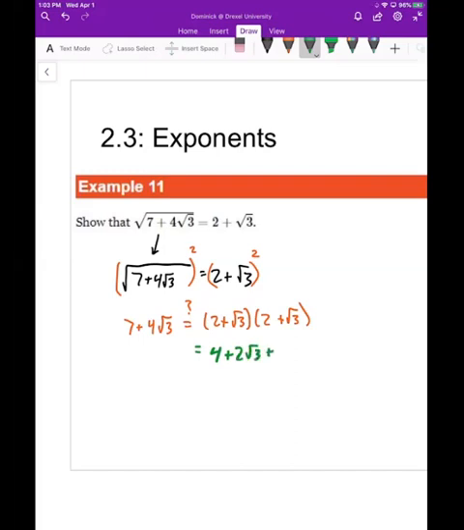Square root of 3 times 2 is 2 square root of 3. And square root of 3 times square root of 3 is square root of 9, which is 3. And if I combine my like terms here, I am going to get 7 plus 4 square root of 3. So of course, we've shown that the left and right sides are equal. So of course, these two expressions are equal.